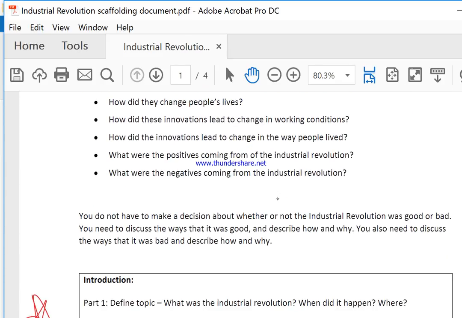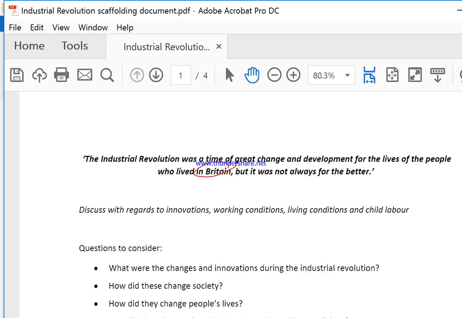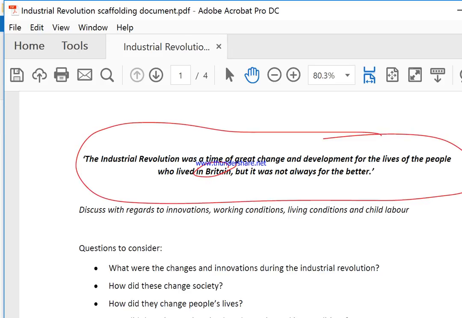And then you also need to have something called a contention statement. A contention statement is simply stating the one main idea of your whole essay. Often it is just rephrasing the essay topic.